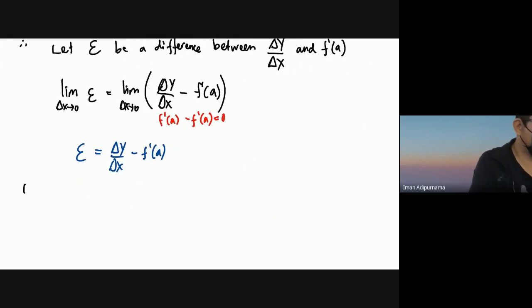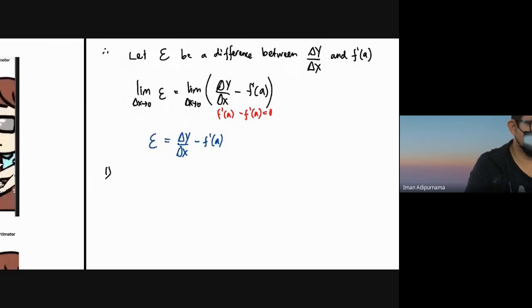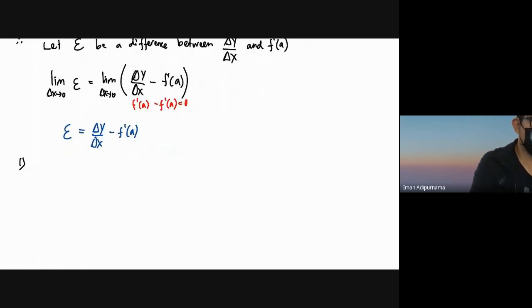Now first, let me have delta y as f prime a delta x plus epsilon delta x. So epsilon is getting 0 as delta x is getting 0.